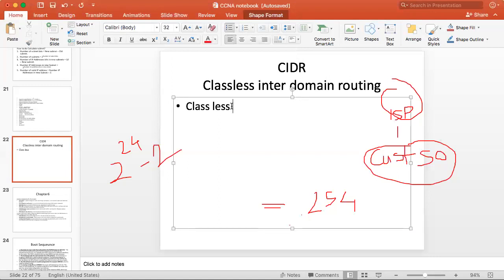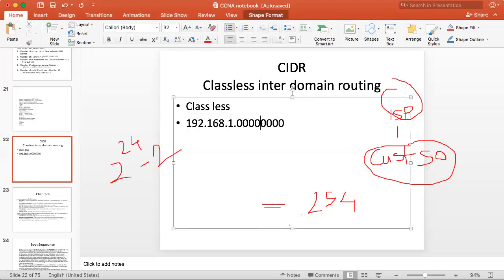Let's say we take a class C address, 192.168.1.0. In this class C, we have seen that by default 254 valid IP addresses will be there, right? Now the last host bits: what the ISP does, subnetting means in the host portion, these zeros, how many zeros? Eight, right? So to help you understand, I'll put it like this.